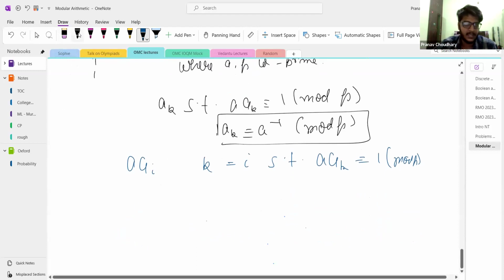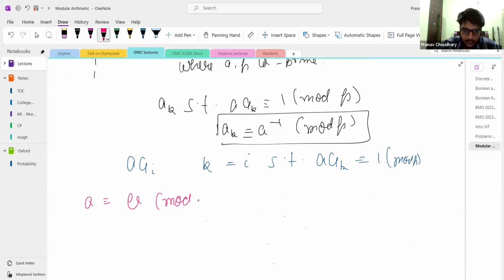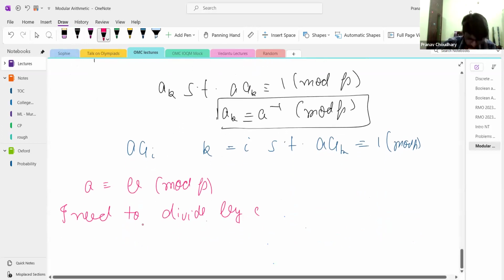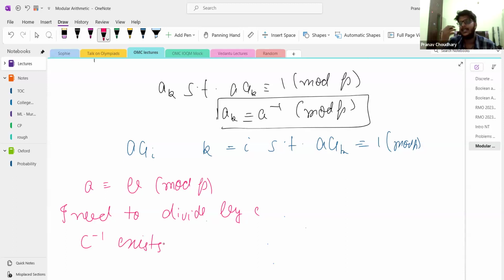Now, the benefit of this is, let's say I have a congruent to b mod p, and I need to divide by c. I know that c inverse exists as long as c is not a multiple of p, which in general in problems is not a very common case, it's usually an edge case, so you can deal with that.